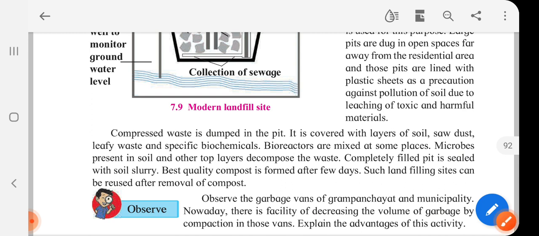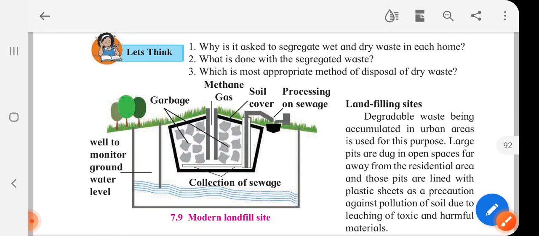So, after decomposing the garbage in this pit, we get compost and also the release of methane gas, which can be used as fuel and called as biofuel. Okay, so after the garbage gets composted, we can fill this again with other garbage.